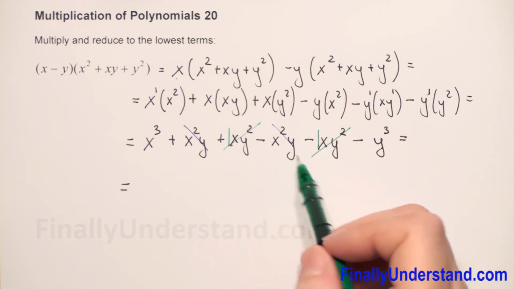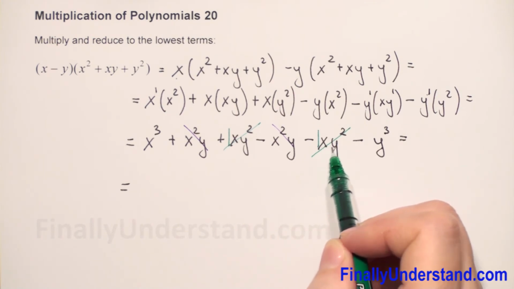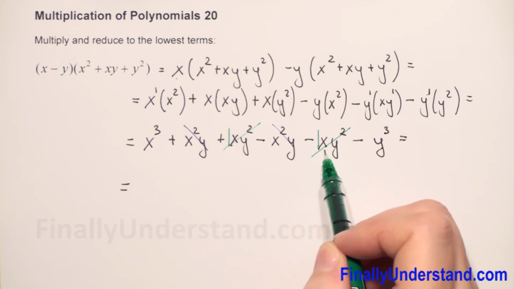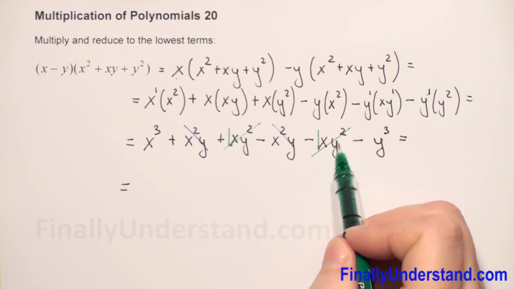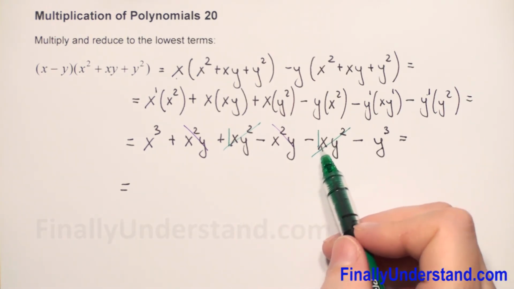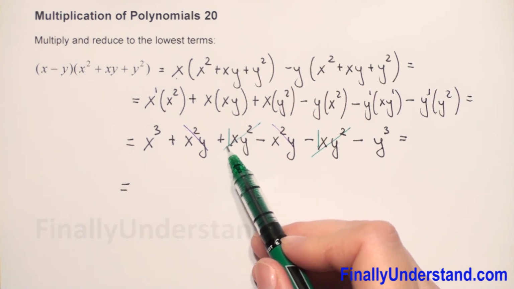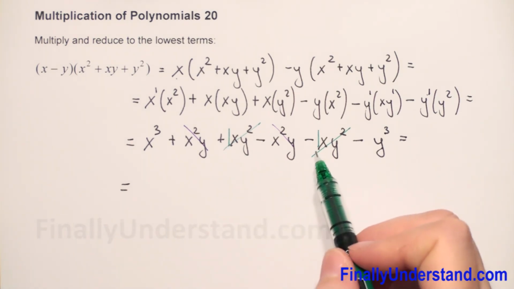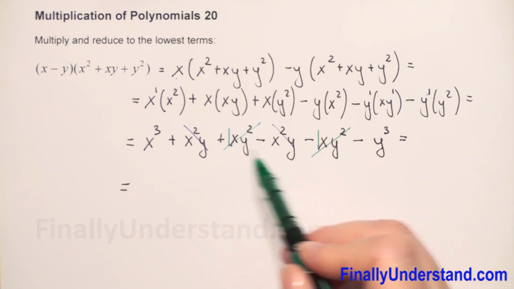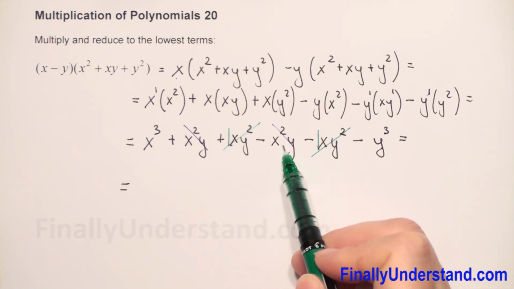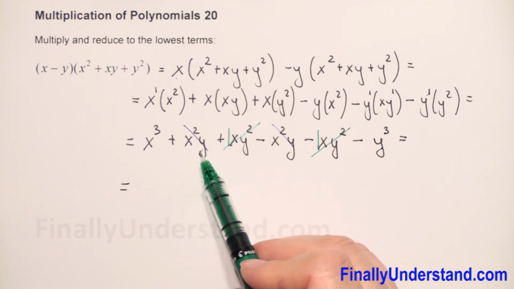So this whole expression, it doesn't matter what kind of variable we have after the 1, when we have the same xy squared and xy squared, the like terms, we only check the coefficients. 1 minus 1 gives me 0. That's why I cancel out these two terms, the same with the x squared y.